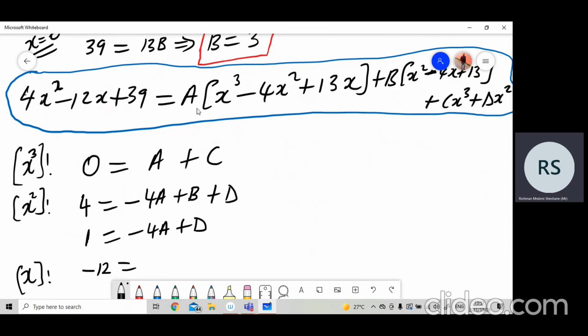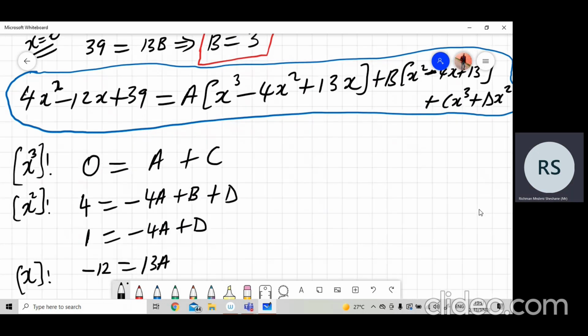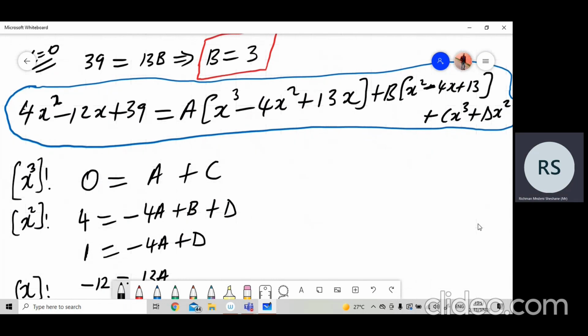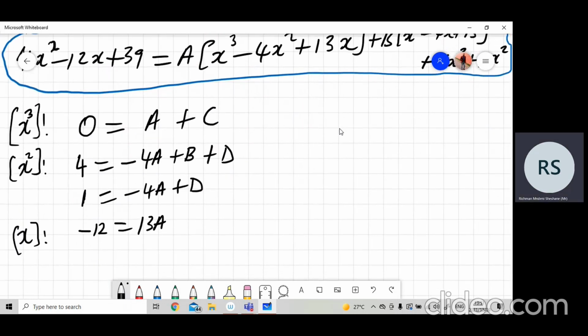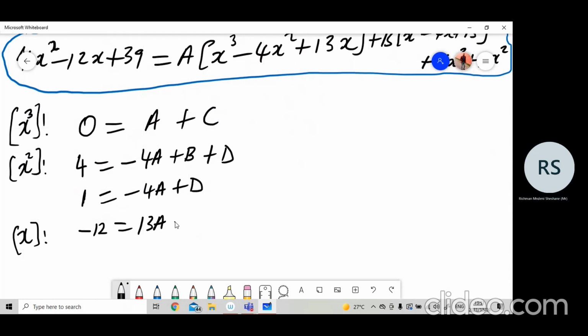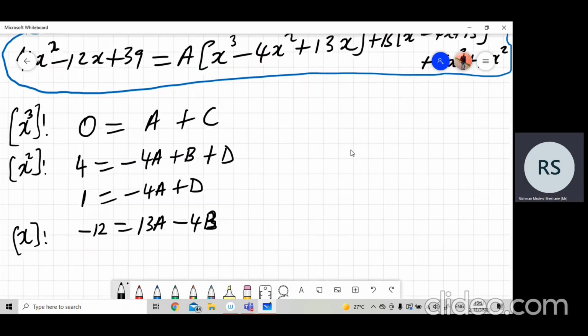You see it to be 13a, and here, let's check, you see we have minus 4b, the coefficient of x.